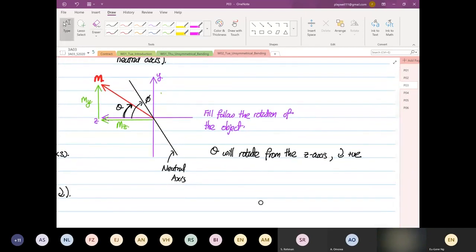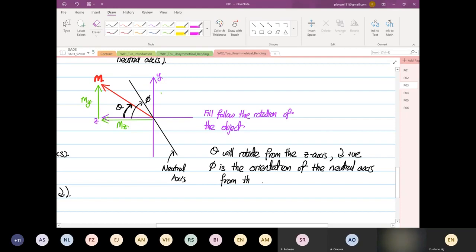Phi is the orientation of the neutral axis from the z-axis. So clockwise is again positive. We are so used to anti-clockwise positive, isn't it?